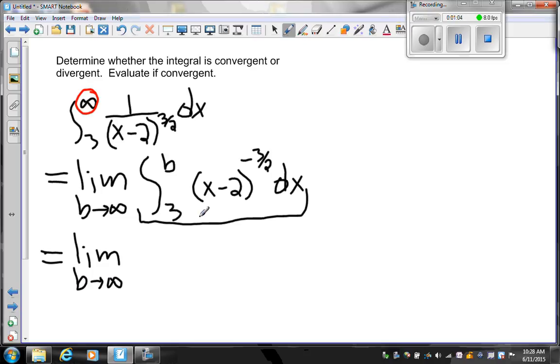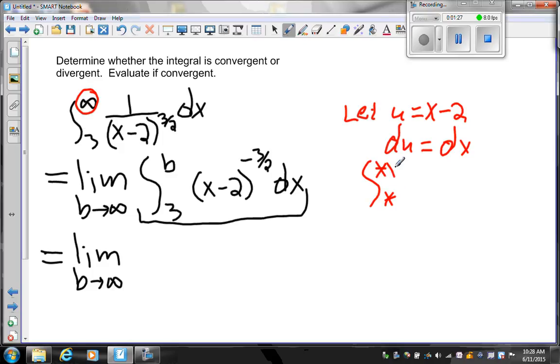So we would have to find an antiderivative of this integral. We could come over to the side and say let u be equal to x minus 2, du would then just be equal to dx. So our integral would turn into the integral, with new limits of integration, whatever those may be, of u to the negative 3 halves du.